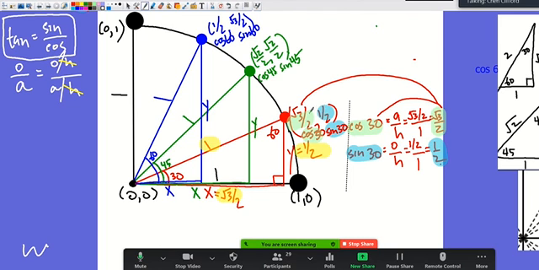If you want to find tangent of 30, tangent of 30 is going to equal sine of 30 over cosine of 30, which is going to equal root 3 over 2 over 1 over 2. And the 2s cancel, and you're left with root 3.